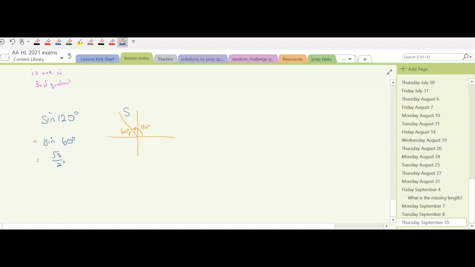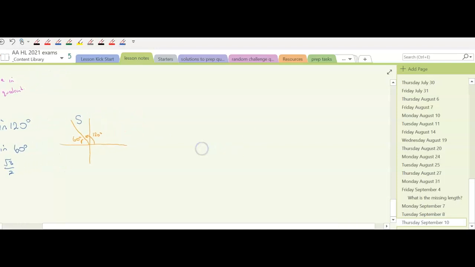Okay, let's do cos. Let's come over here now, and I want us to work out cos 405 degrees. Now, cos 405, I've blown through a whole revolution to 360, and I'm into my second lap by 45 degrees, aren't I?